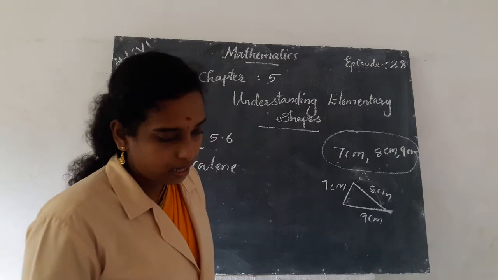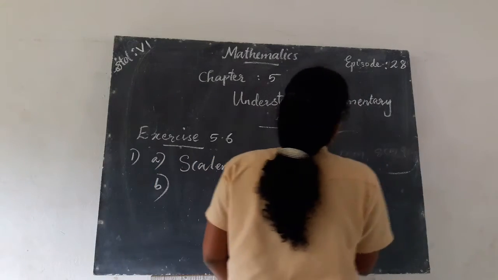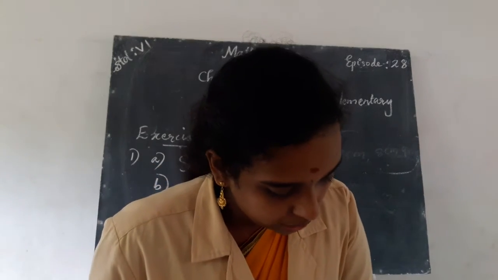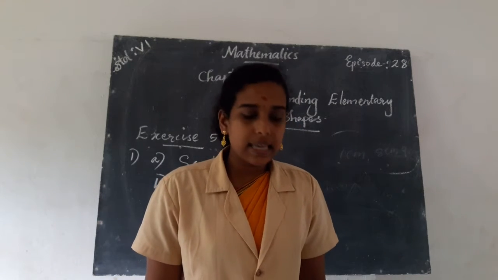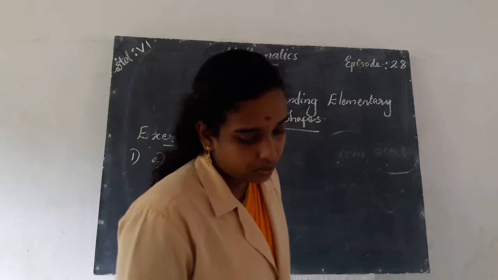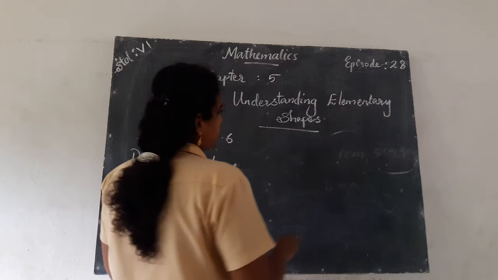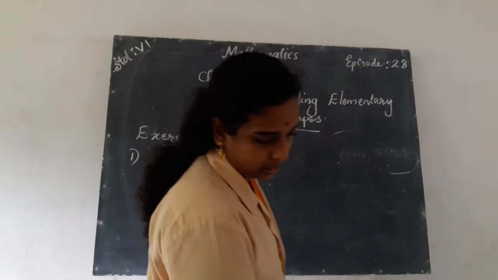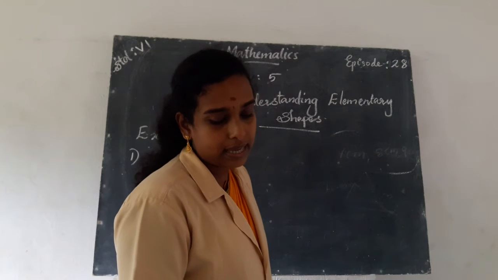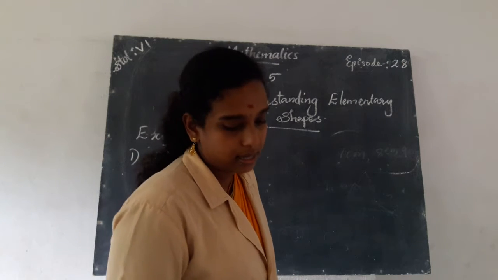Then the second question: triangle ABC with AB equal to 8.7 cm, AC equal to 7 cm, and BC equal to 6 cm. What type of triangle is this? We draw triangle ABC, where AB measures 8.7 cm, AC measures 7 cm, and BC measures 6 cm.